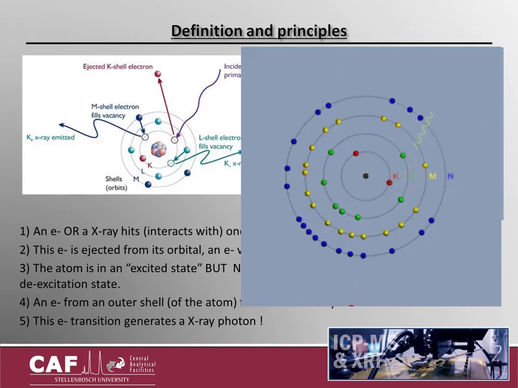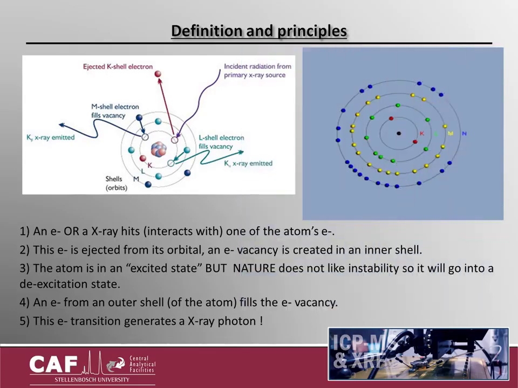An electron from an outer orbital or shell of the atom fills the vacant space and in return generates an X-ray photon. It is important to note that this electron transition can only occur if the electron has sufficient energy to remove electrons from the inner orbital.